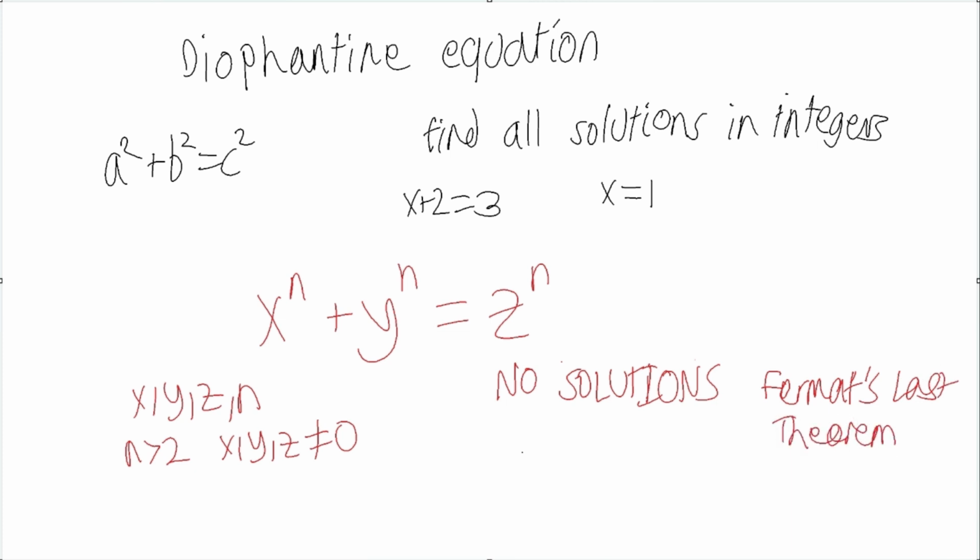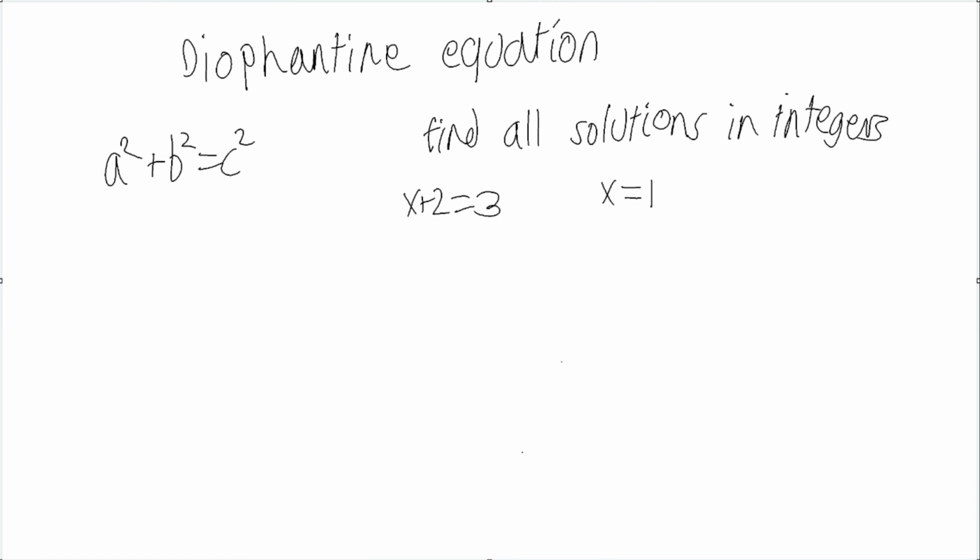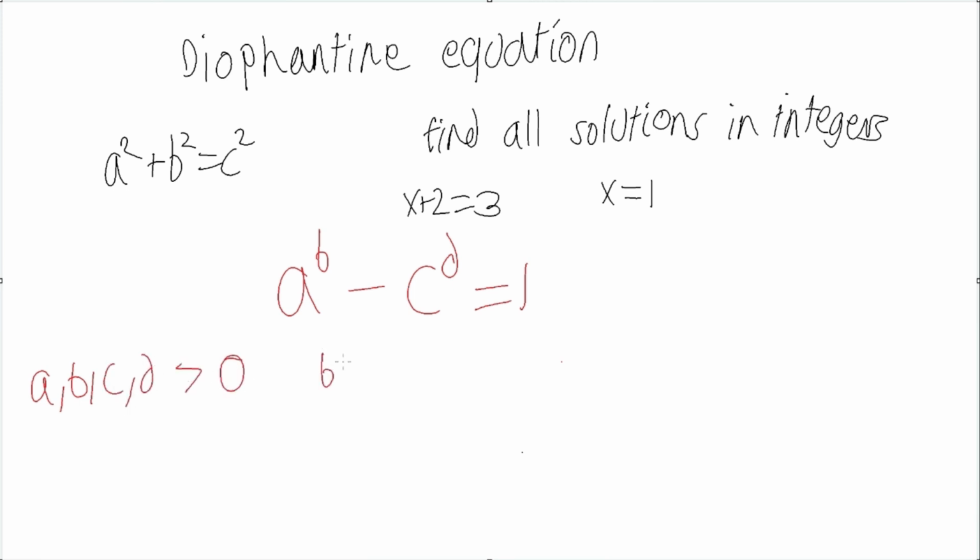Okay, and there are other examples of harder Diophantine equations. For example, consider the equation which I'm going to write here, and this was again solved only very recently. a^b - c^d = 1, where a, b, c, and d are positive integers, and b and d are greater than 1.